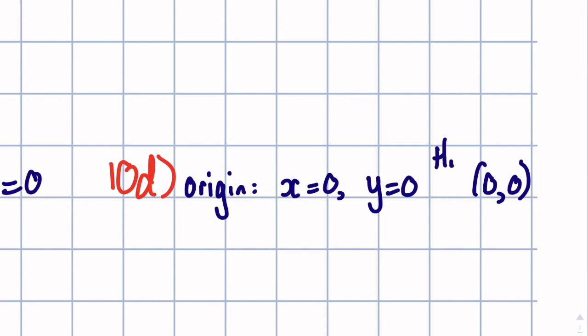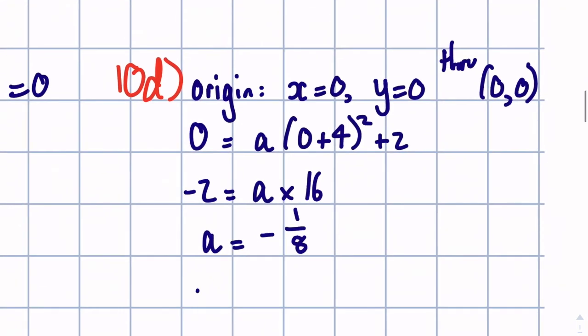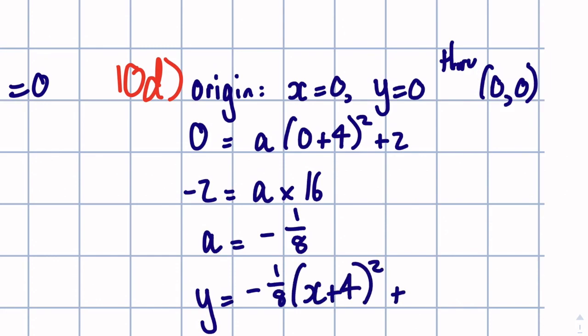So we're going to have 0 equals a outside of (0 plus 4) squared plus 2. Take the 2 over, I've got negative 2 equals a times 4 squared, which is 16. So a is negative 2 on 16, which is negative 1 on 8. So we get y equals negative 1 on 8 (x plus 4) squared plus 2.